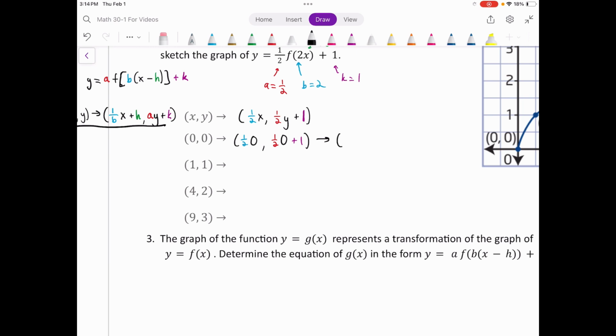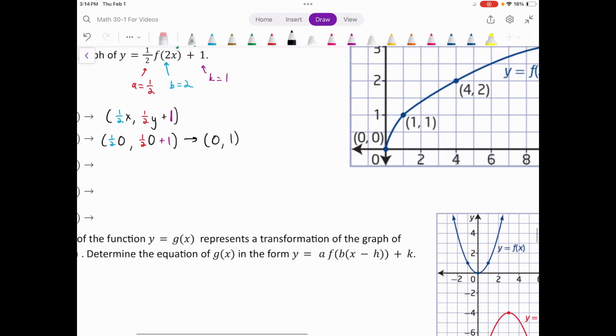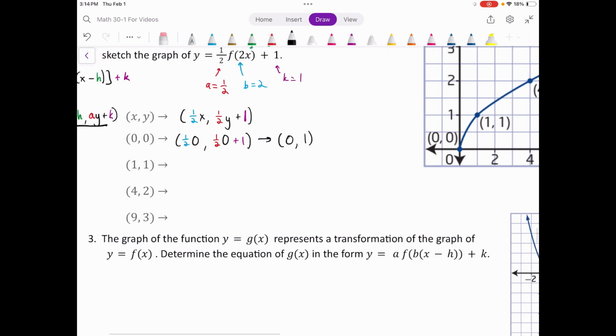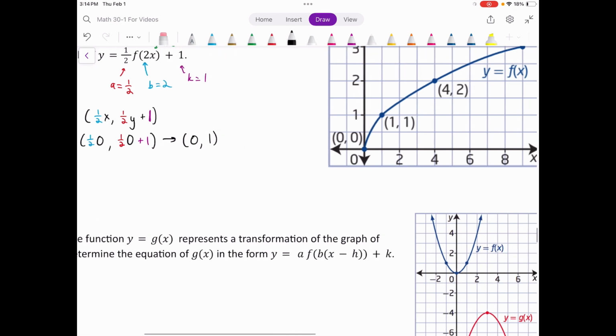Well, 1/2 times 0 is still 0. And then 1/2 times 0 here is still 0, but plus 1 is now 1. So there we go. We've got a point on the new transformed graph. Our transformed graph should have a point at 0, 1. And that just came from transforming one of the points that we knew it had originally, 0, 0. So the corresponding image point we now know is at 0, 1.